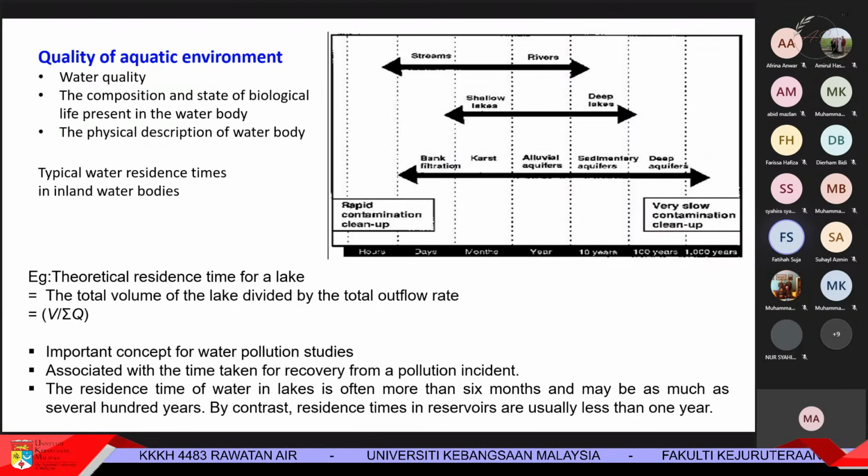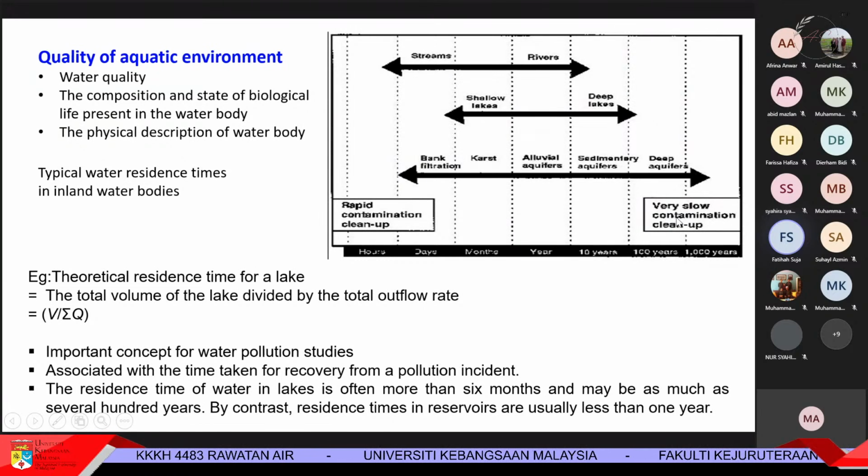Actually this figure shows one of the important physical descriptions of a water body, the residence time of inland water bodies, because this residence time affects whether you can have rapid contamination cleanup or very slow contamination cleanup.